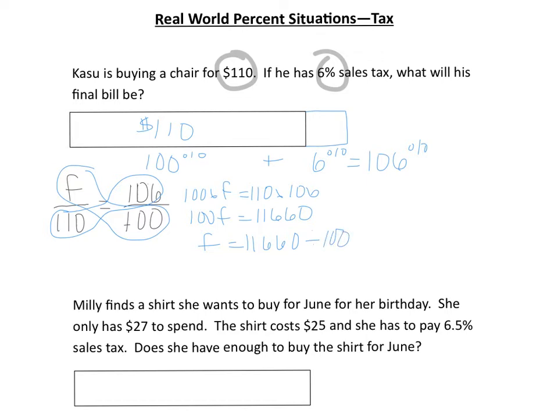And we get that the cost of the chair plus tax is going to be $116.60.